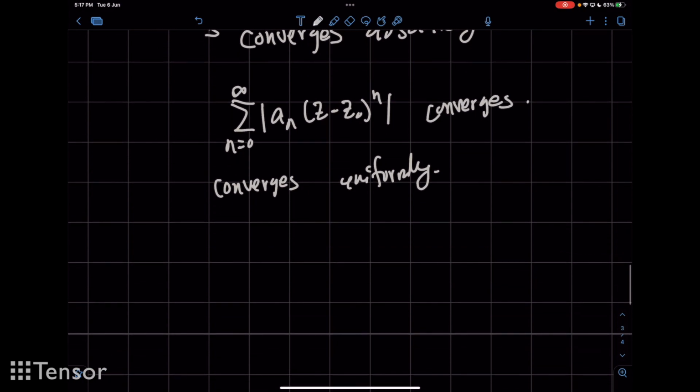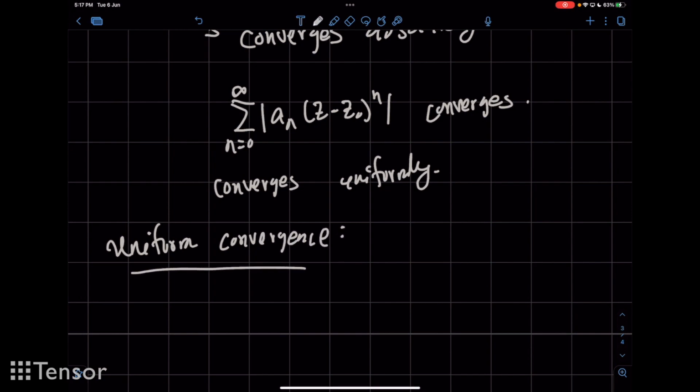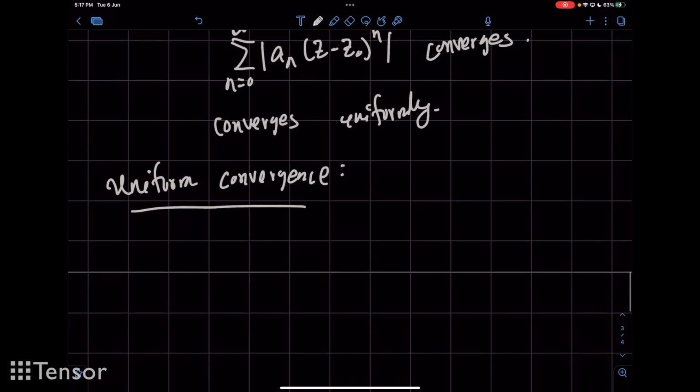So what is uniform convergence? Let's say I have a sequence of functions, say a sequence f n of functions that are defined on the same domain, and they are, let's say, complex functions, n equals 1 to infinity.